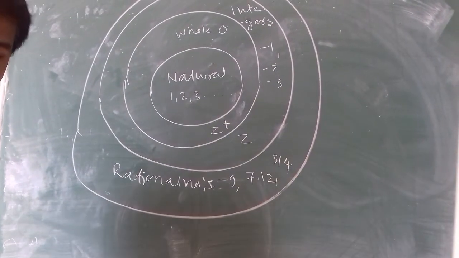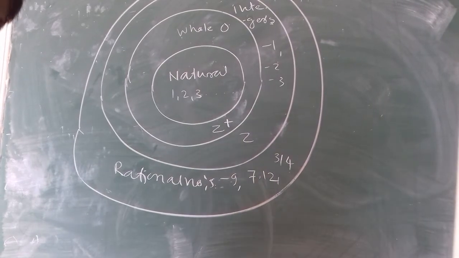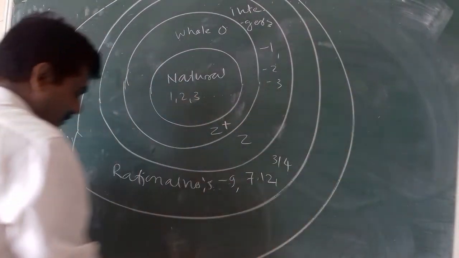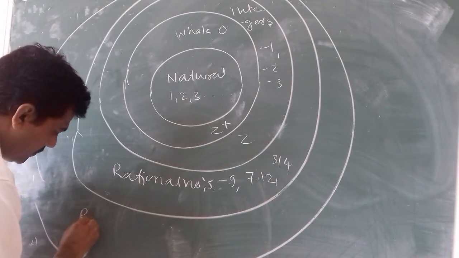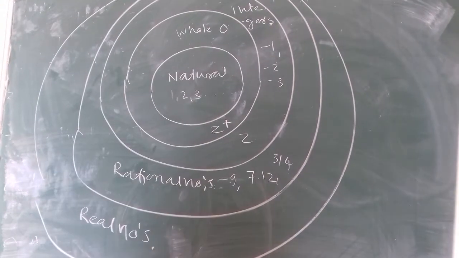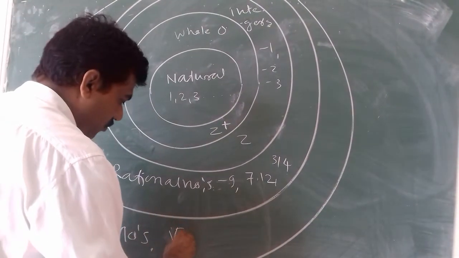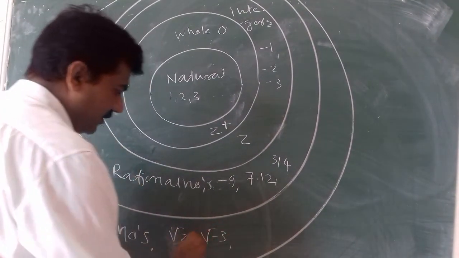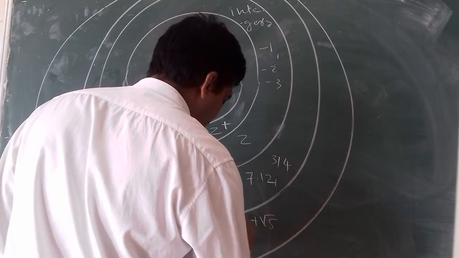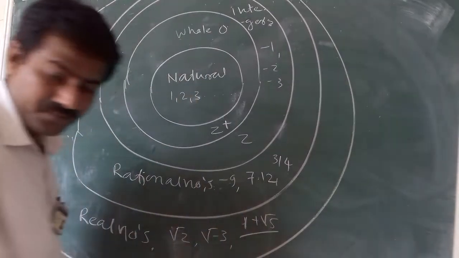The next is the real numbers, the real algebraic numbers, for example the square root of 2, square root of minus 3, 1 plus square root of 5 divided by 2.